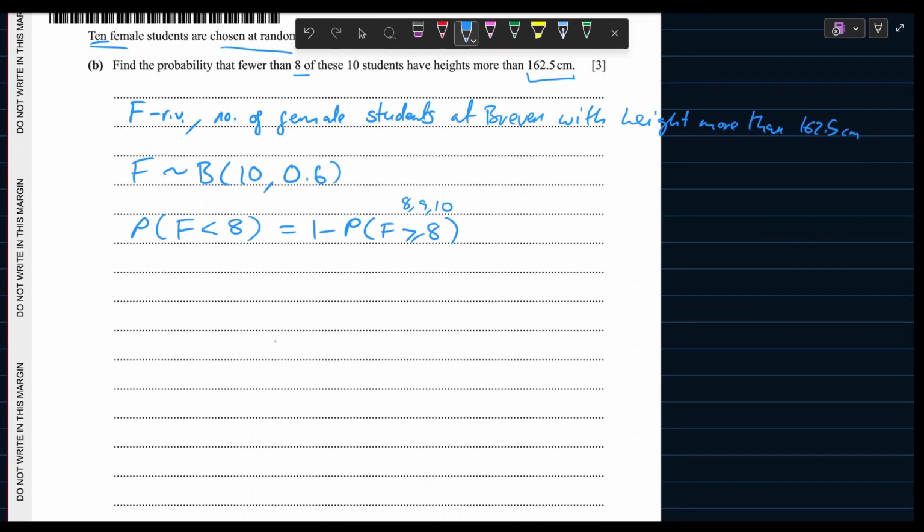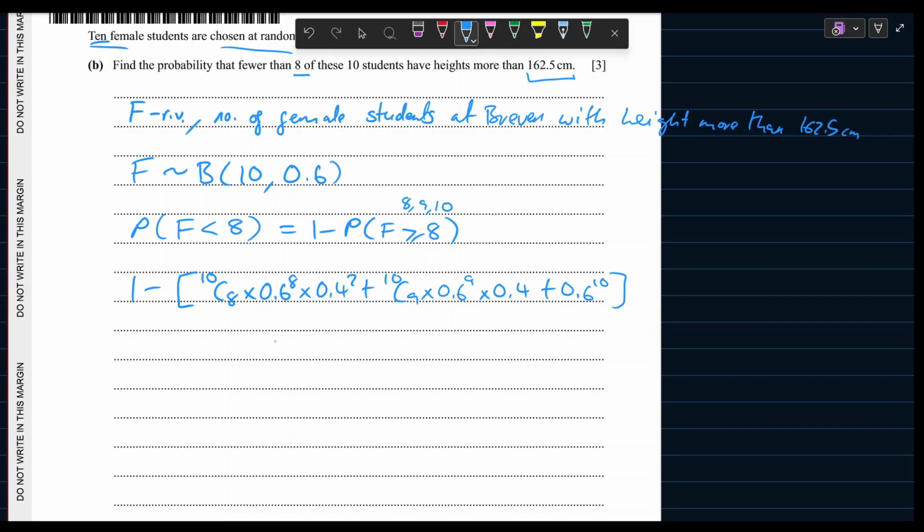So this becomes 1 minus, we're going to start with 8, so that's 10 choose 8 times 0.6 to the 8 times 0.4 to the 2, plus 10 choose 9 times 0.6 to the 9 times 0.4, plus 0.6 to the 10. So let's punch that into the calculator.